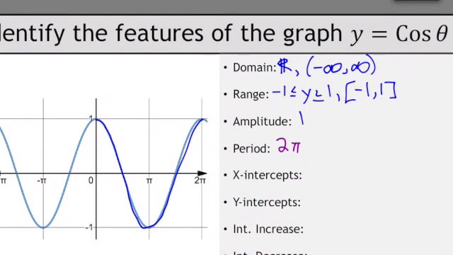Now x-intercepts for cosine are a little bit different. If you notice, this one is going to start right here at pi over 2, and then it's just going to go a distance of pi. So all the x-intercepts are going to start at pi over 2, and they're going to repeat every interval of pi.